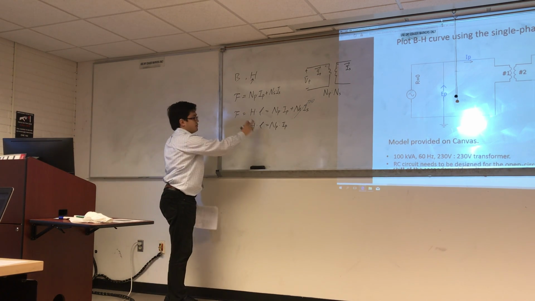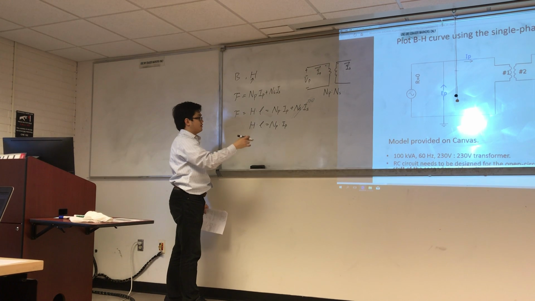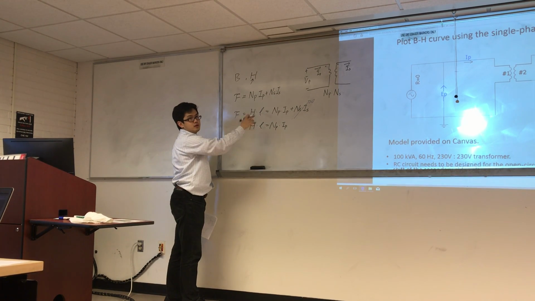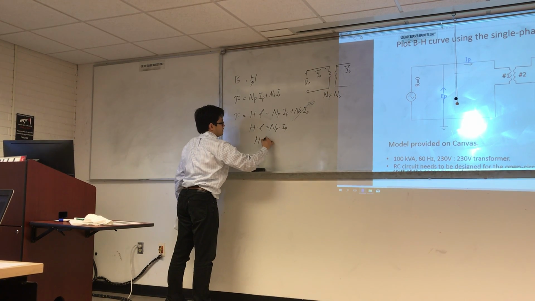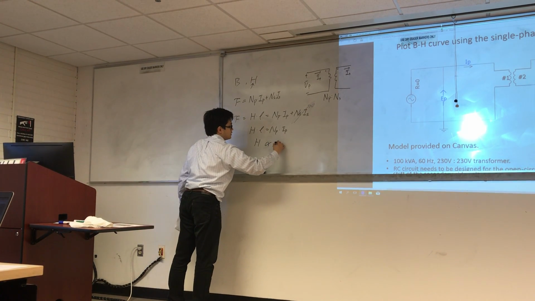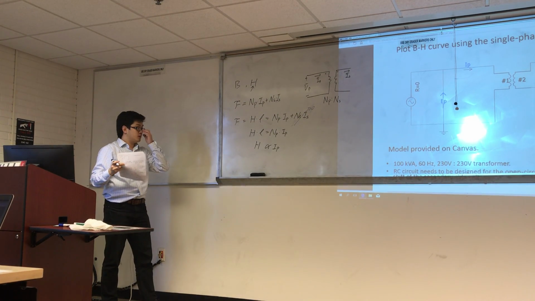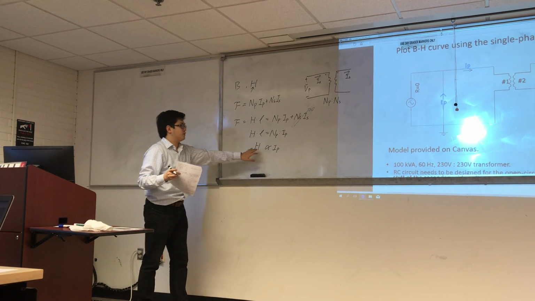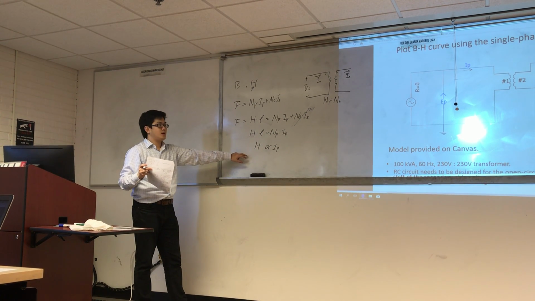Your L is a length, a constant value. Your turns ratio is a constant value. So your H, you can consider, is linear with primary side current. So we can use IP to replace H, right?